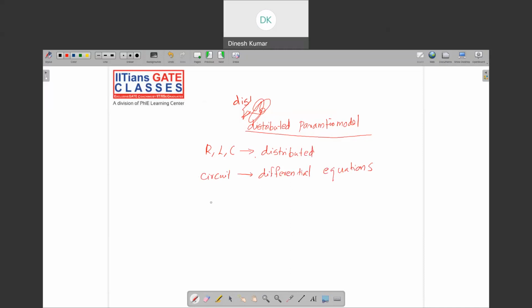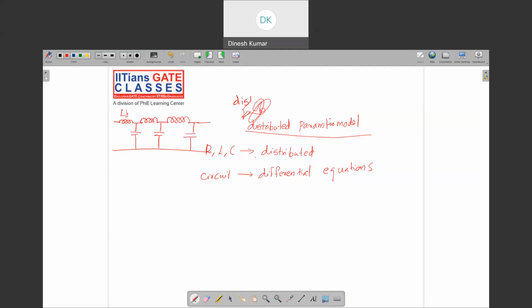If you check here, I will give you one example. This is the equivalent circuit for a distributed system. You can think about it like these are the series inductances and these are the capacitors.